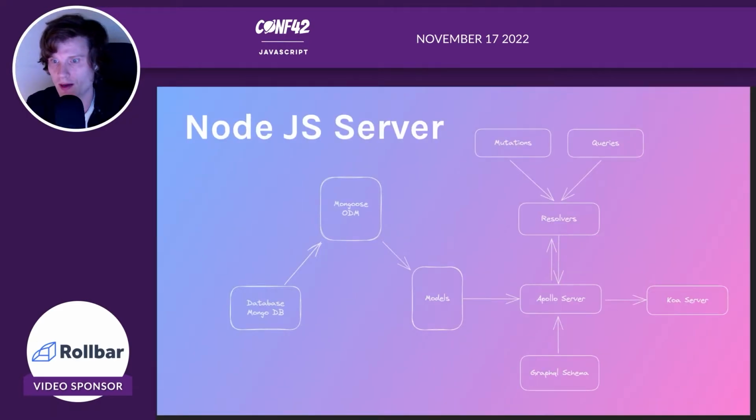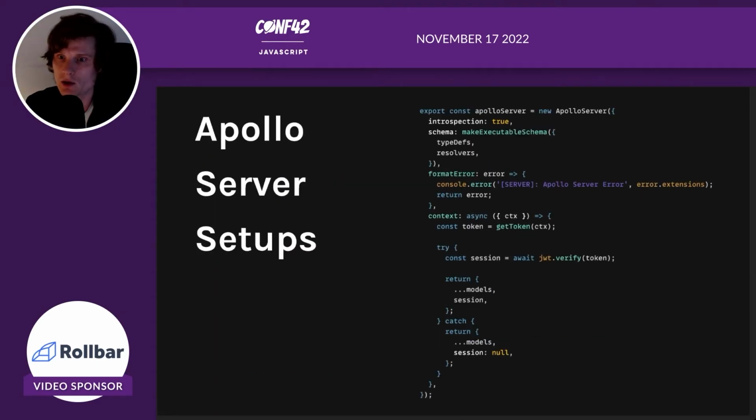Let's go back to the schema. You can see that Apollo communicates with resolvers. We're catching the errors and formatting the errors, and also the context. So the context checks the token that arrived right from core.